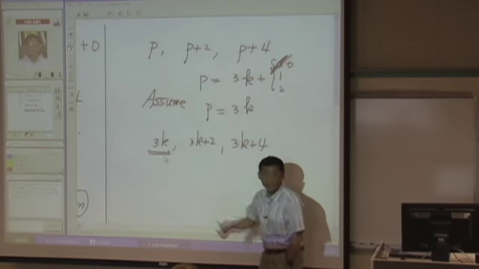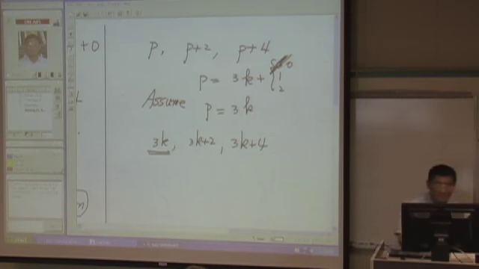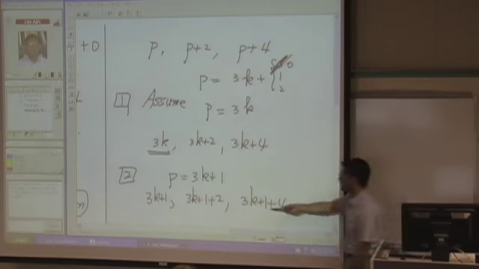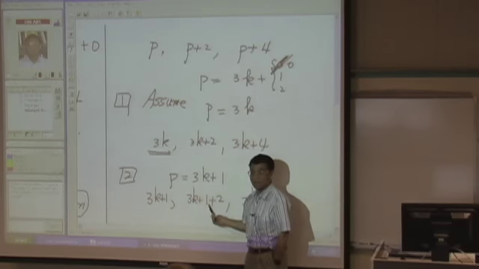Do you follow me? Then we need 3 assumptions. Assume that p is equal to 3k plus 1. Then what can you say? The first number is 3k plus 1. The second number is 3k plus 1 plus 2. The third number is 3k plus 1 plus 4. Then as you can see, this number is divisible by 3.